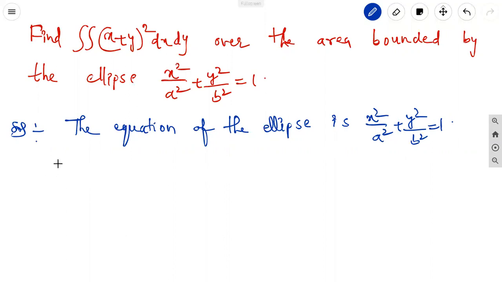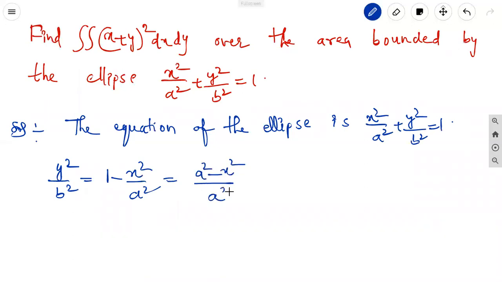In this, first we can change the y limits in the x variable. y square by b square equal to 1 minus x square by a square. Taking the LCM, a square minus x square by a square. From this, y square is equal to b square by a square into a square minus x square.